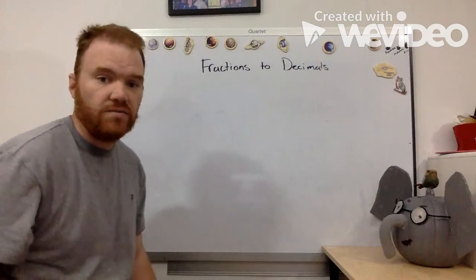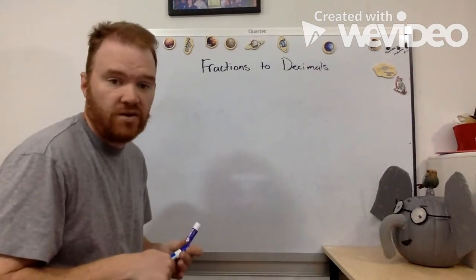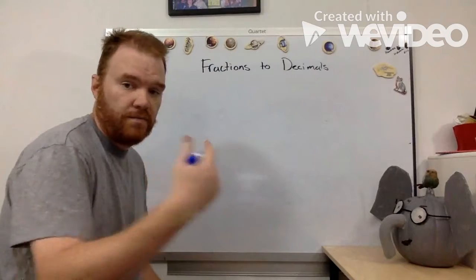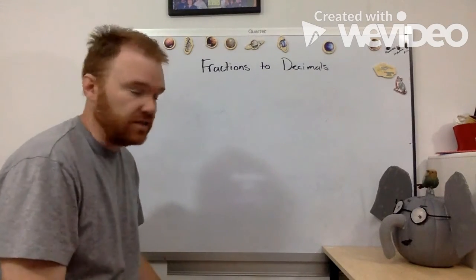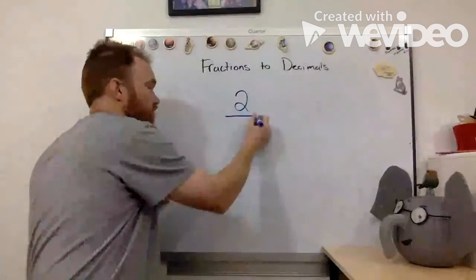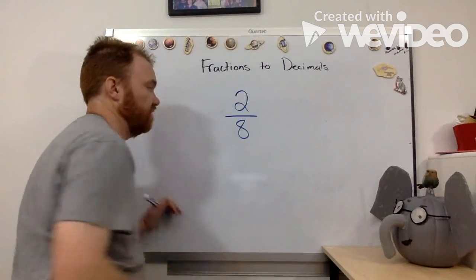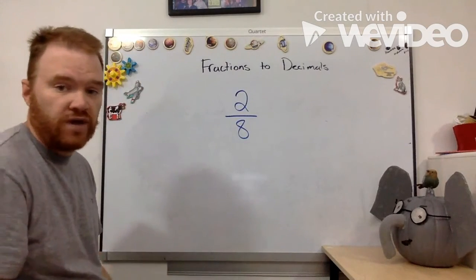So here we go. Let's say I don't have a number that can easily give me a denominator of 10, 100, or 1,000. For example, a fraction like 2/8. I want to turn that into a decimal.